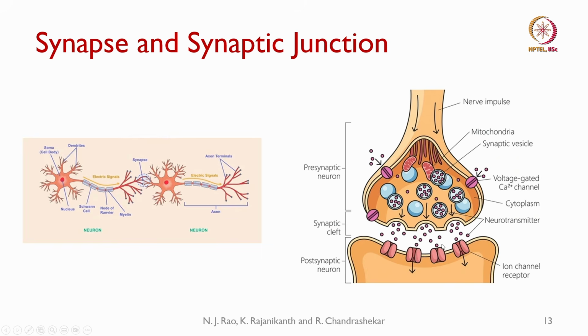It's a chemical. The junction between the two neurons is only chemical. It releases that, and this neurotransmitter will go to the next one. It passes through this, and it gets transferred as electrical signal again here.